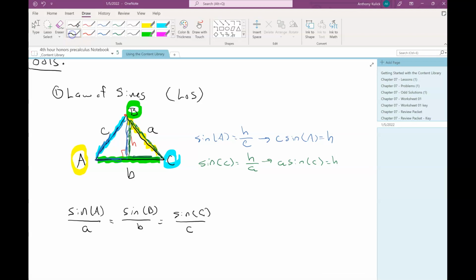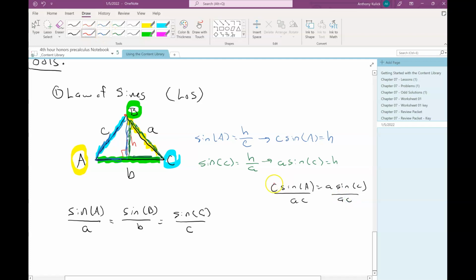I can then just set these equal to each other, since they're both equal to h. Everybody's good with that? And if I divide both sides by ac, I have one part of that equation.